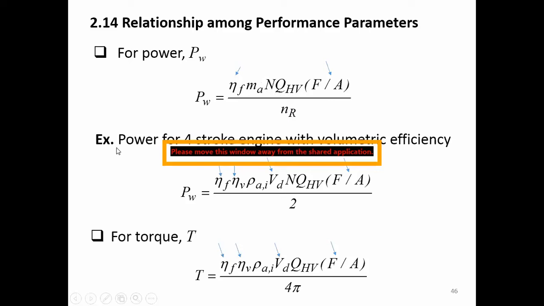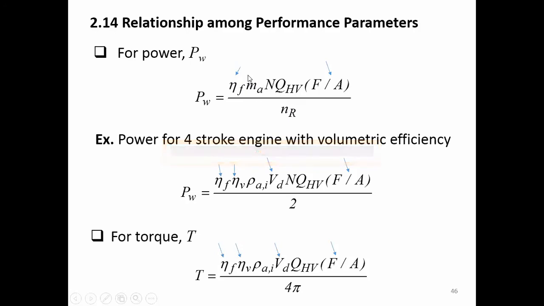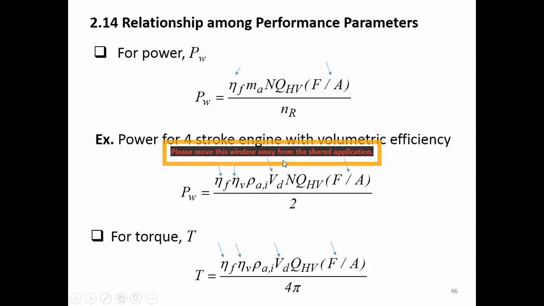Now, if we go for power of the four stroke with volumetric efficiency, we can work out this expression to see more parameters that involve. If we work out this equation in terms of mass here, we have the volumetric efficiency come in. We have the geometry of the engine come in, the displacement.